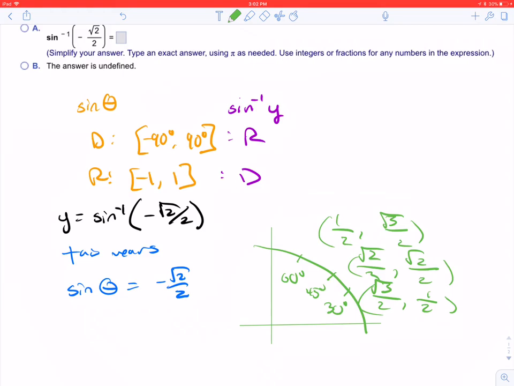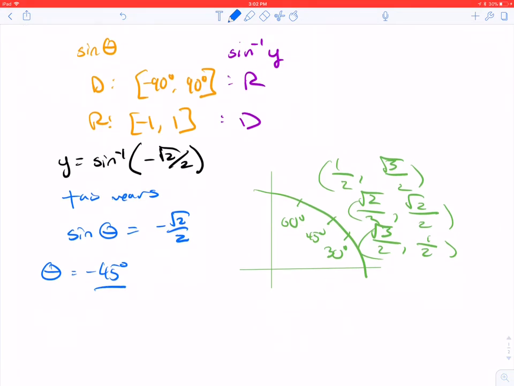So this means that theta should be negative 45 degrees. You can convert that to radians. It says in terms of pi, so let's convert this to radians. I'm going to put it over 1 and say times pi over 180.